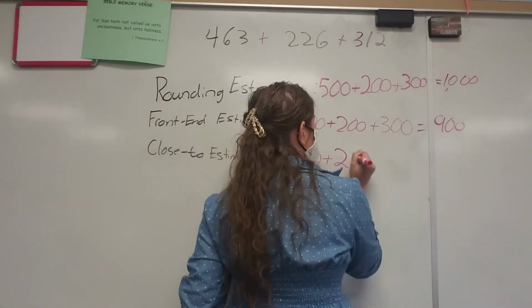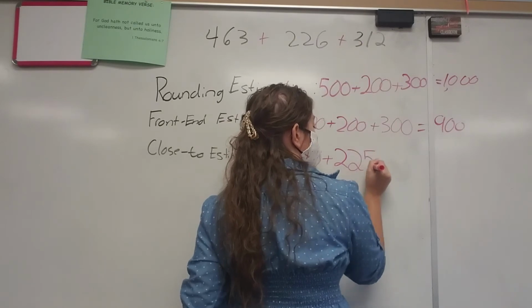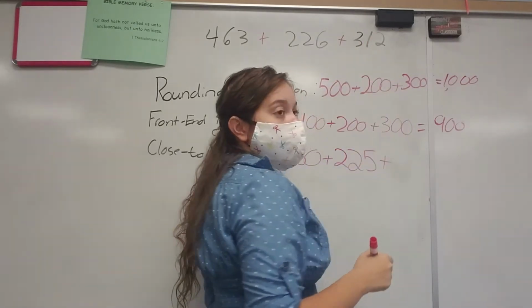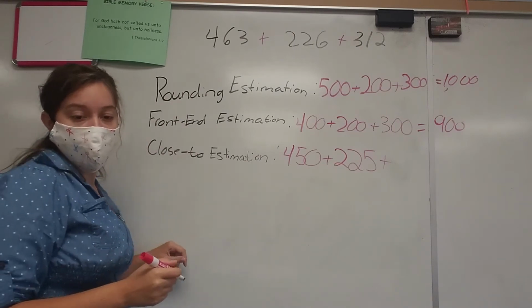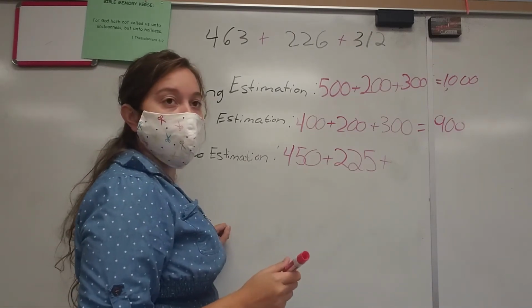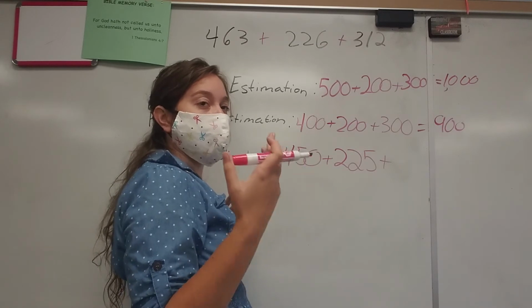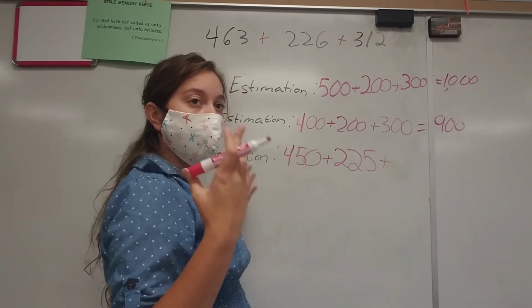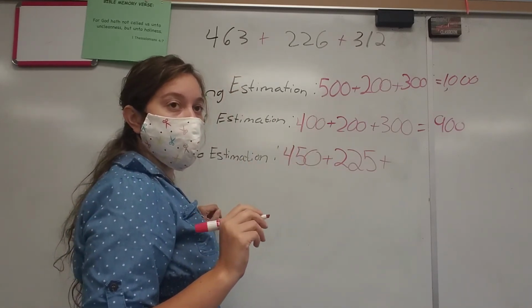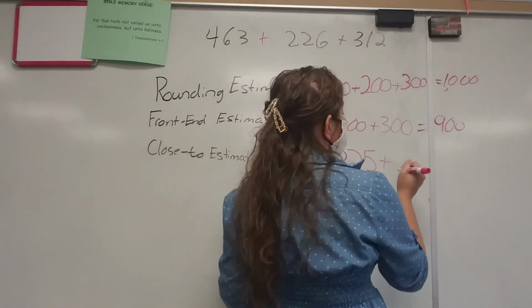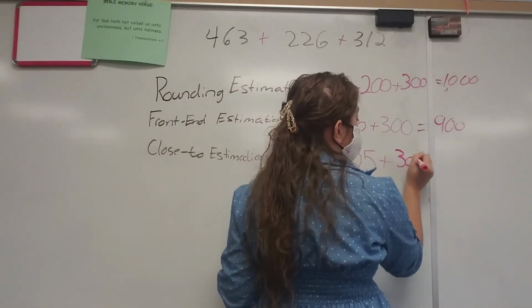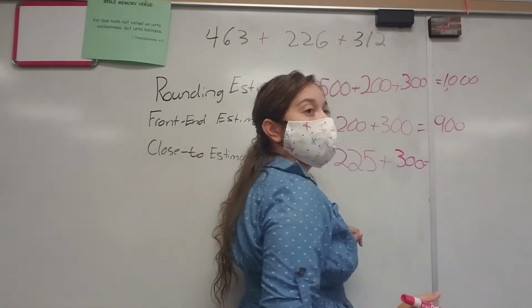Right, we're close to 225 here. And what about this one? What are we close to here, Charisma? 300, 325, 350. What are we close to? 310. Yeah, but we're just going to make it easy and say 300. We're not even going to worry about the 310.